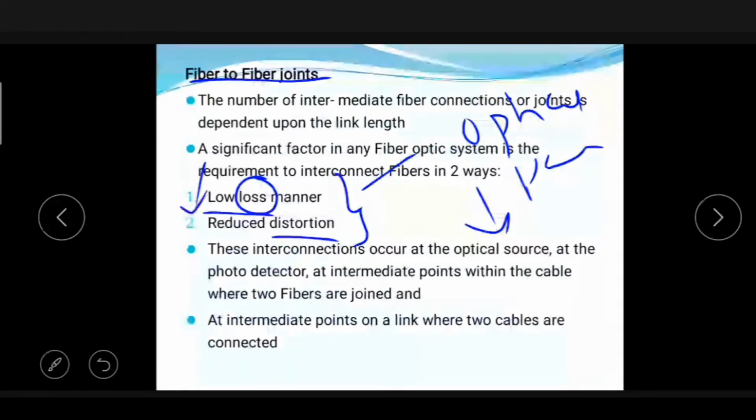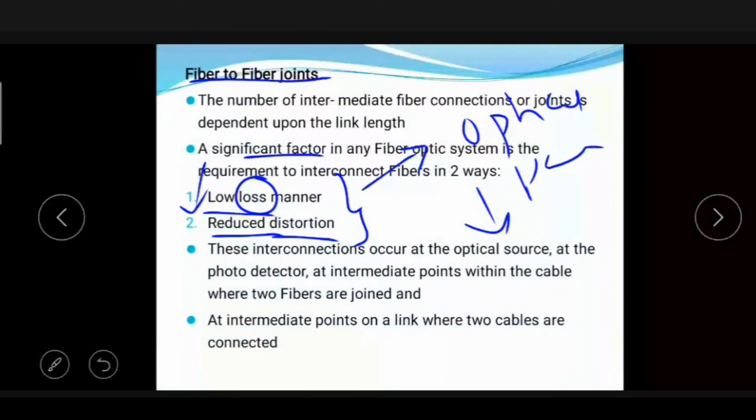I cannot say no loss, practically it is not possible, so we say it's a negligible loss or low loss manner. The other one is reduced distortion. You might get an optical output, but it should be with very little distortion, or reduced distortion.